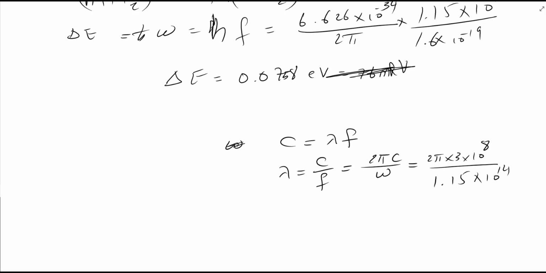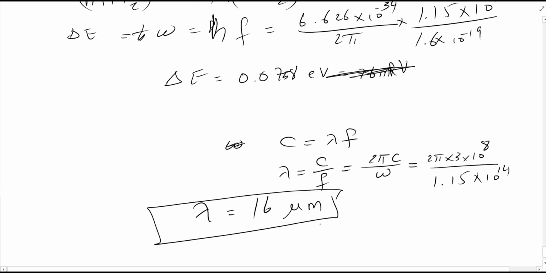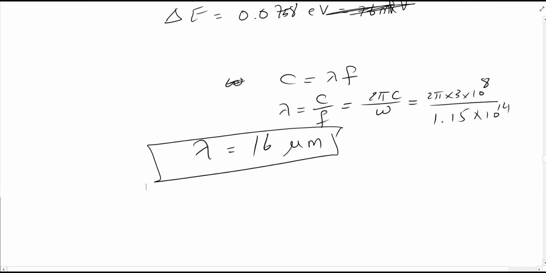It's a calculator really. All you have to do is double click on a value and it's going to give you that. It's 1.6 times 10 to the negative 5, or actually 16 micrometers. So lambda is 16 micrometers, 16.3 if you want to care about the number in there.